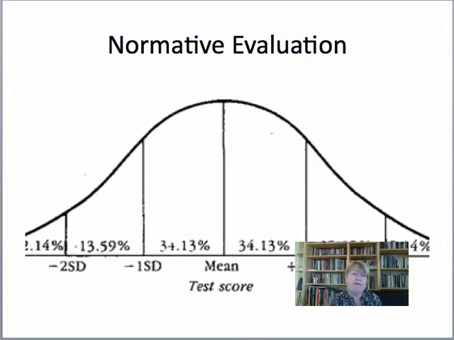So we have 14% in between -2 and -1, and we have 2% below -2. So we have 14 plus 2. So the percentage of everybody at or below a z-score of 1 standard deviation below the mean would be approximately 16%. We're rounding our numbers. Okay, did you get that?